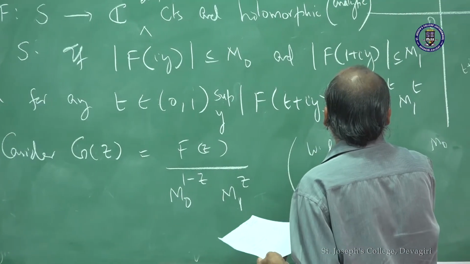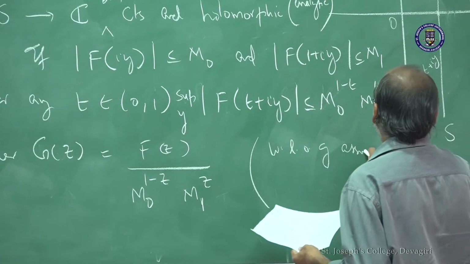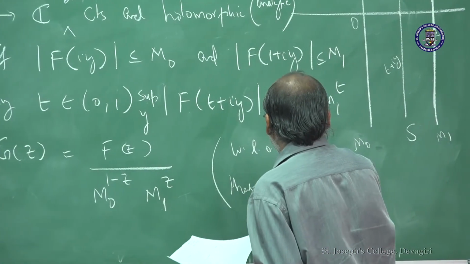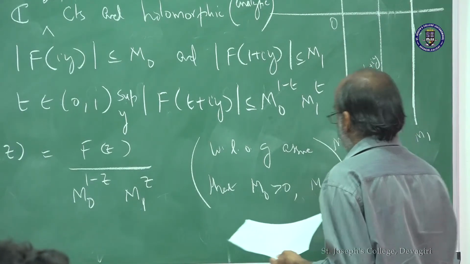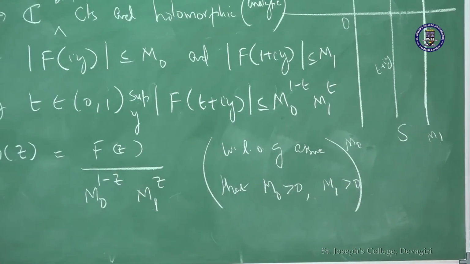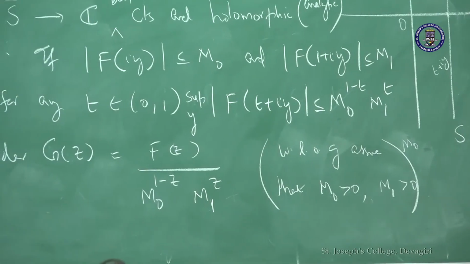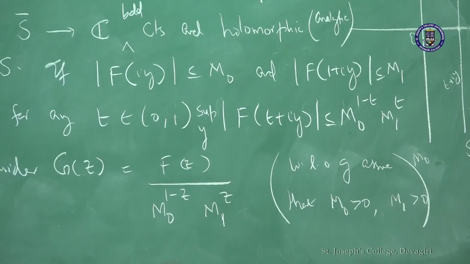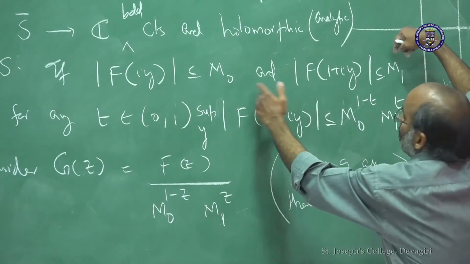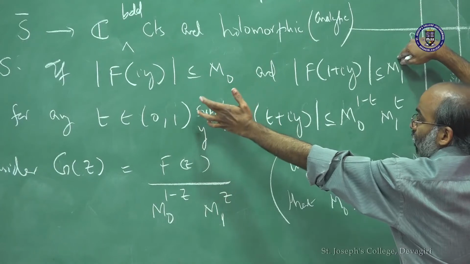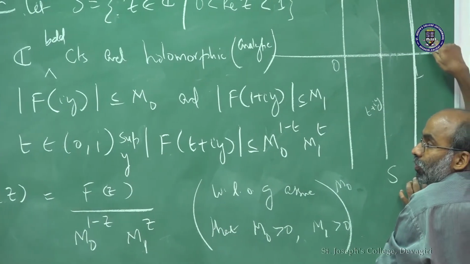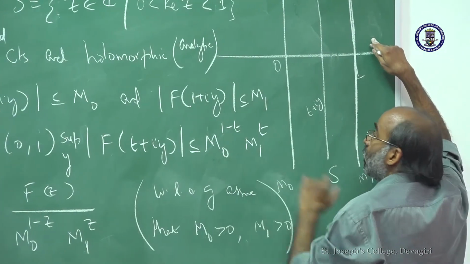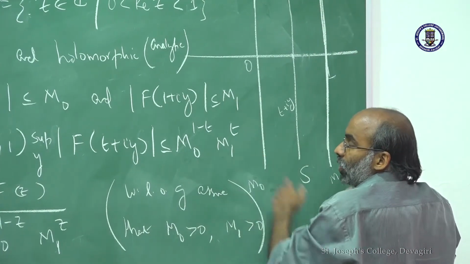Without loss of generality, assume that m0 is positive and m1 is positive. Because if one of them is 0, you want to conclude that the function is 0, right. This estimate says if f is 0 on one line, then it is 0 everywhere because of this.